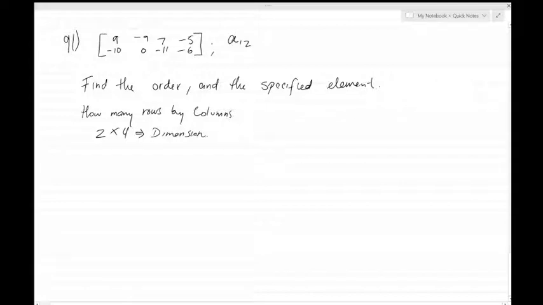Now, remember, when we're given an element in lowercase with 2 subscripts, we know that the first one tells me the row and the second one tells me the column. So if I go to row number 1, column 2, element a12 is equal to -9. Therefore, that is the specified element on the matrix.